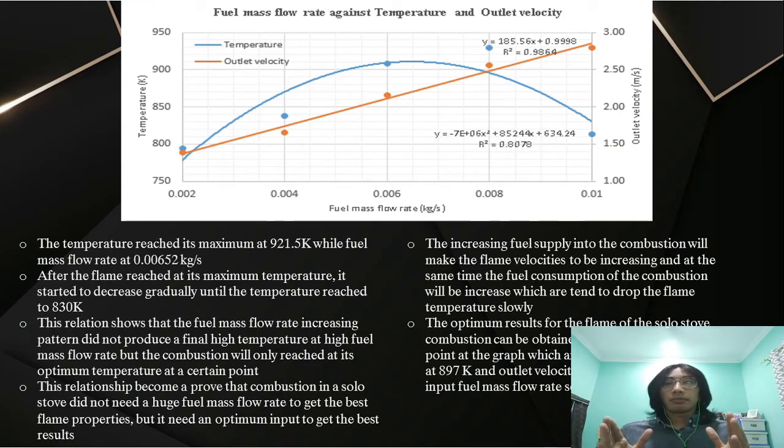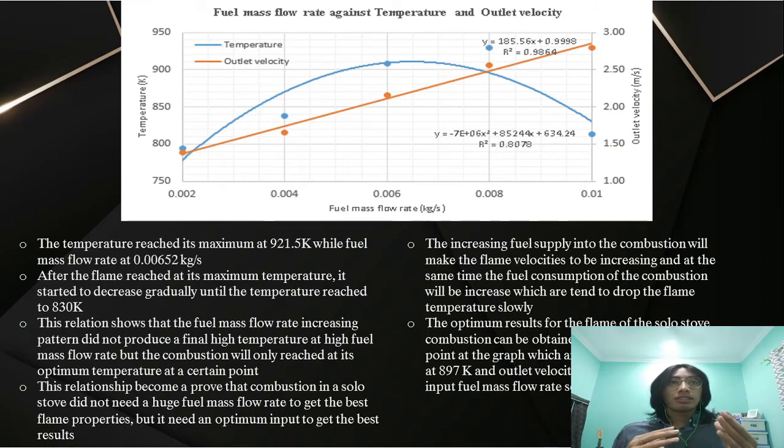In simple words, even though I put a very large amount of fuel into the solar stove, it did not produce a very high temperature. It only obtains a very high temperature at a certain point, which is the optimum point.